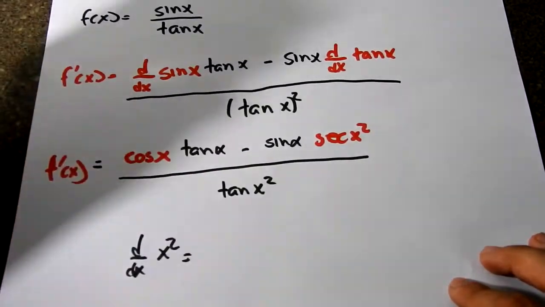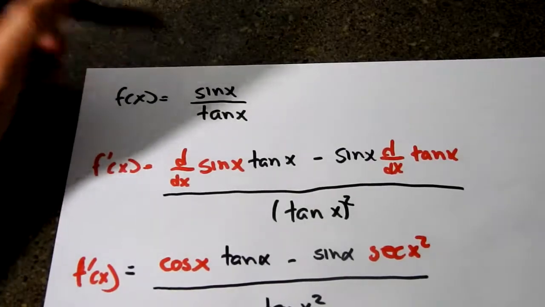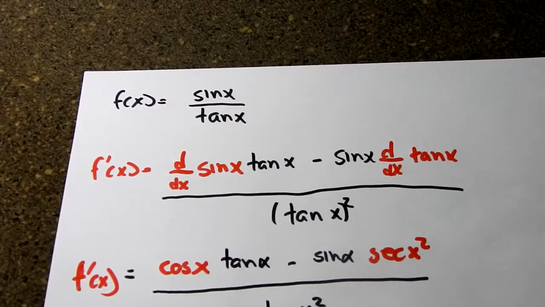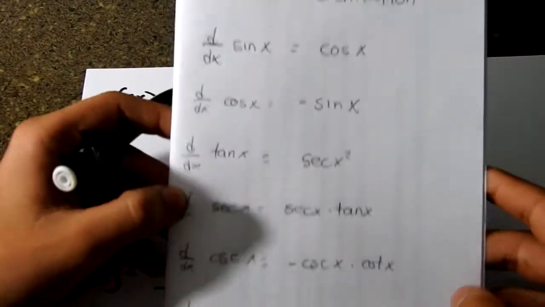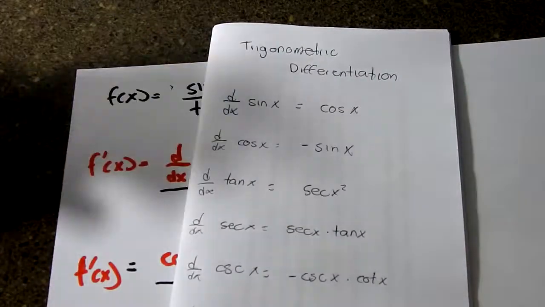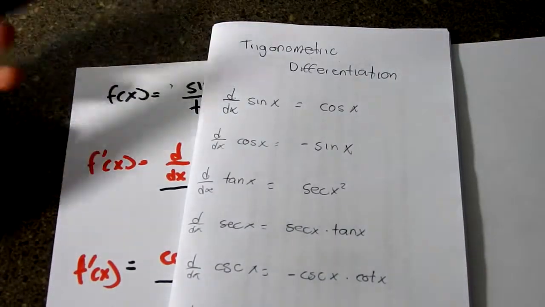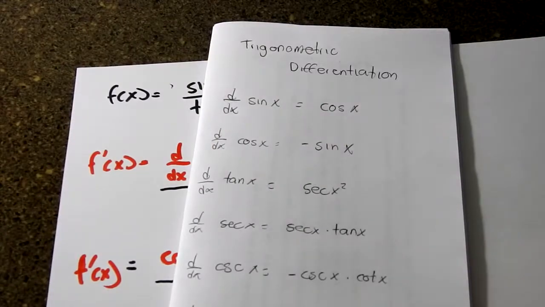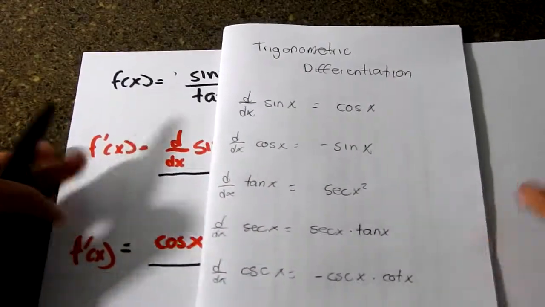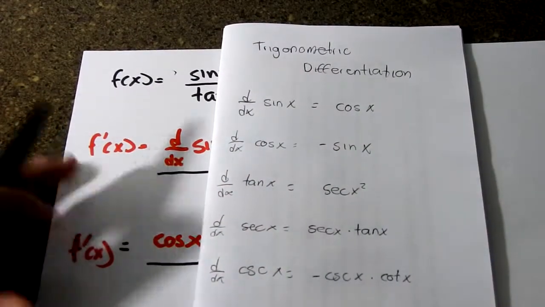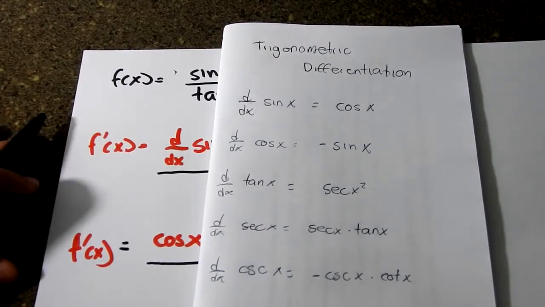We know that of the power rule is 2x. When we say derivative of sine x, we just have to remember this little table right here. Derivative sine x, cosine x, derivative cosine x minus sine x. We just have to remember this little table over here, and then apply our derivative rules and differentiation procedures.